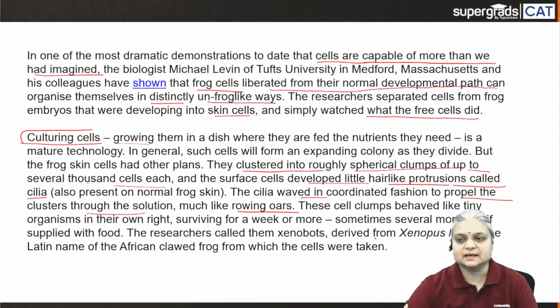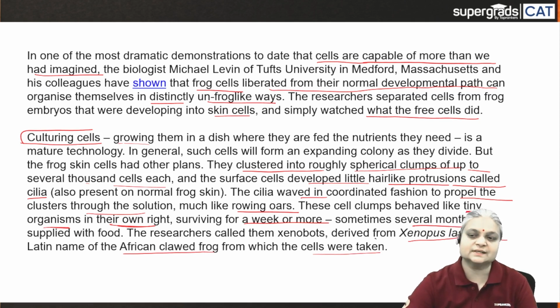These cell clumps behaved like tiny organisms in their own right, surviving for a week or more, sometimes several months, if supplied with food. The researchers called them xenobots, derived from Xenopus laevis, the Latin name of the African clawed frog from which the cells were taken.